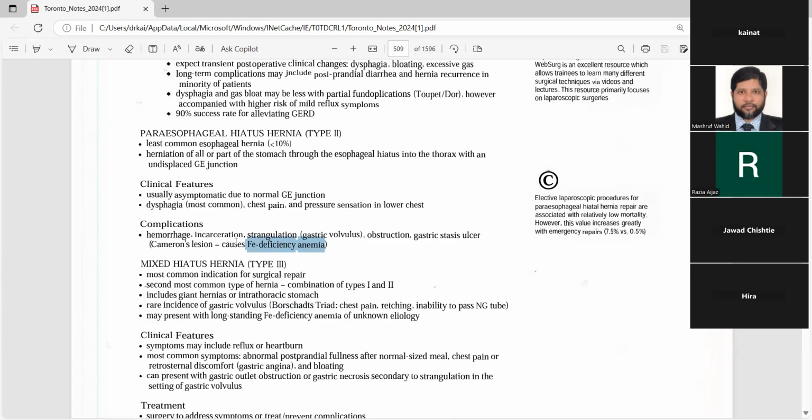Then you will be able to select from the cases which one it is. That's why I'm saying there are a few lines that you need to know, and what the complications are. So this is basically the complication of that one. For a prolonged period of time he was having the symptoms, now he's presenting and you did some tests and it says iron deficiency anemia. What is the diagnosis? If you know iron deficiency anemia presents in which type of hernia, then you will be able to do it right away.